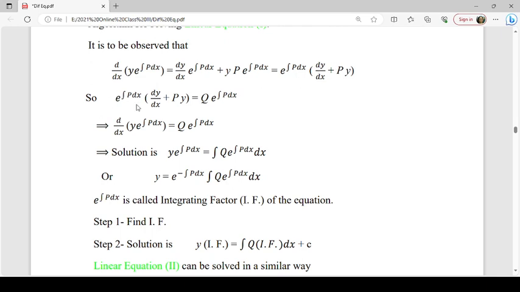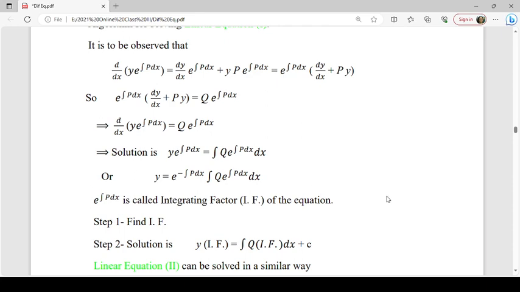So if we integrate d/dx of this with respect to x, then our result is y into e to the power integration p dx is equal to integration of q into e to the power integration p dx. So this is the solution.